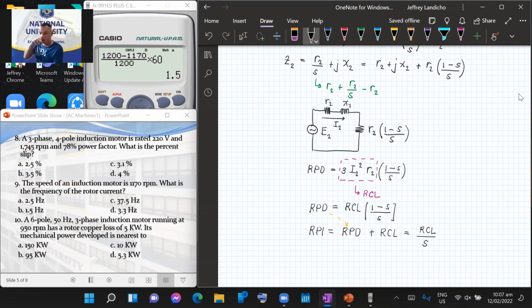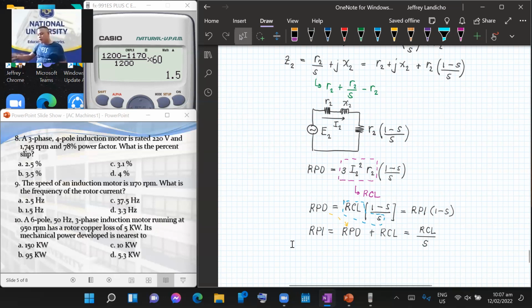Now, ano pa ang pwede natin makita ngayon? Tignan mo ito. So, sino yan? That is RCL over S. So, ibig sabihin pala, your RPD, it is also equal to RPI multiplied 1 minus S. So, ayan yung relation ng ating tatlo power sa rotor. Rotor copper loss, RPI, and RPD.